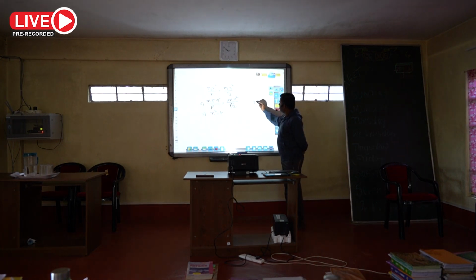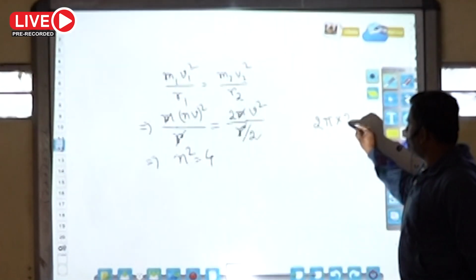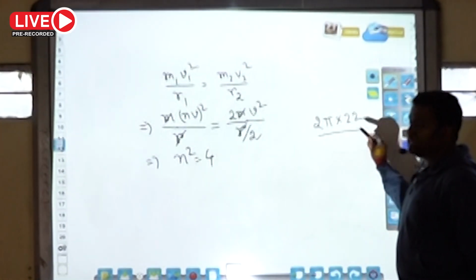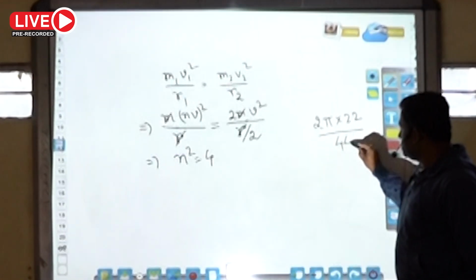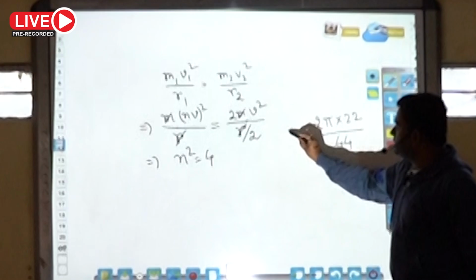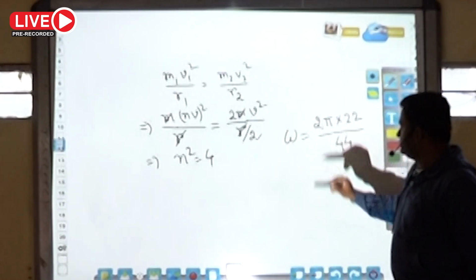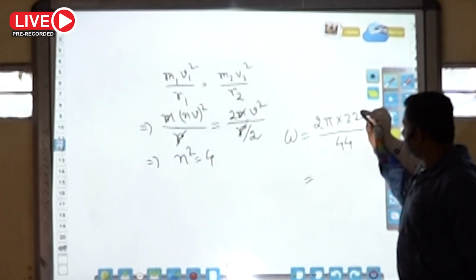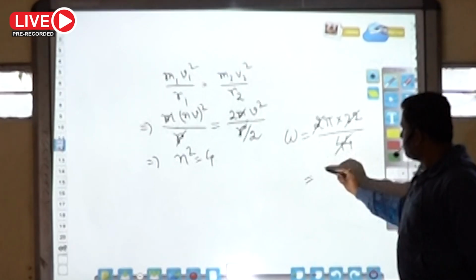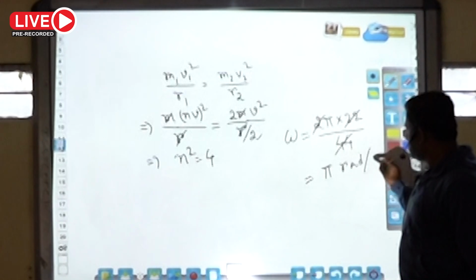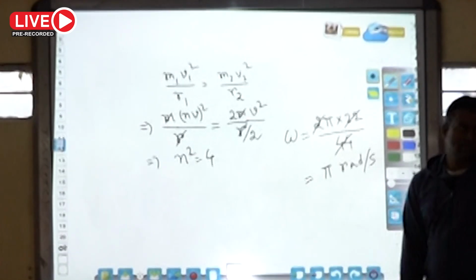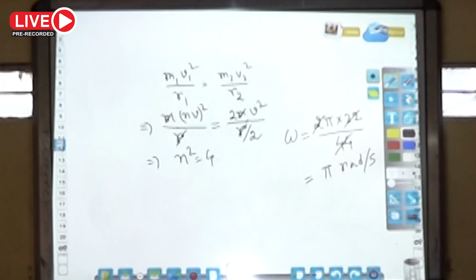And that occurs in 44 seconds. So this one is in radian per second, and that is the value of omega. So omega is coming pi radian per second.